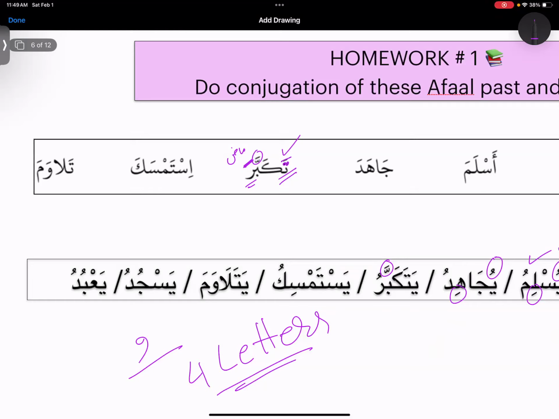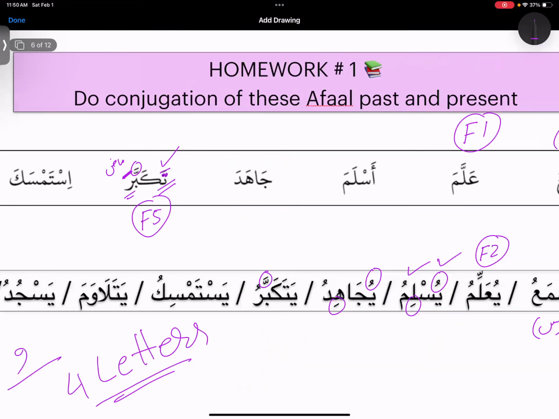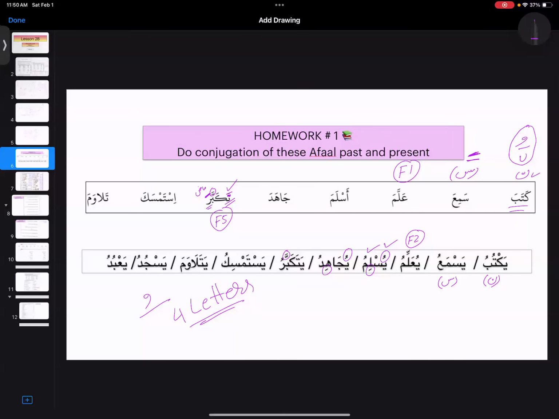So takabbara becomes yatakabbaru, finishing with Dhamma. That family is called family number 5, and this resembles family number 2. So family 2 and family 5 kind of resemble each other.